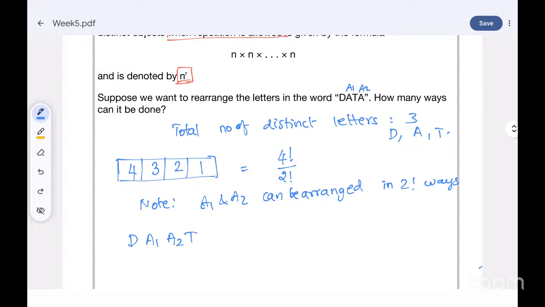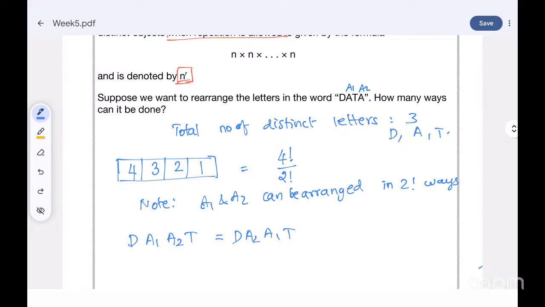And the other one, T A2 A1 T. Are they different or same? They are not different. They are just for understanding; in these boxes we have made A1 and A2, but if we are considering A, then it is the same. They are actually the same, so they are kind of repeating.